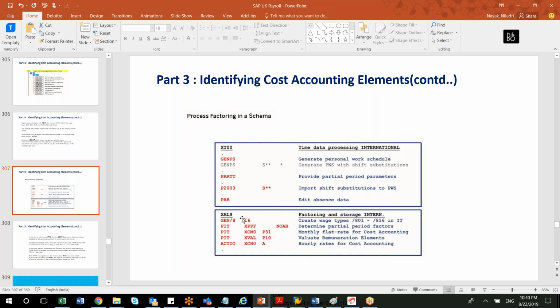It generates all the 16 types of wage types in our input table, your /801 to /816, all these secondary wage types. How they are calculated, I'll explain by giving one example, so you'll be able to understand how this calculation is happening. That again will be in part 1.